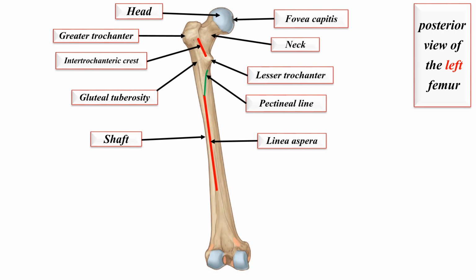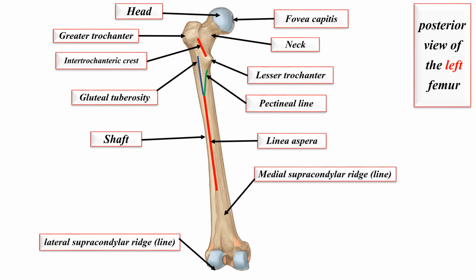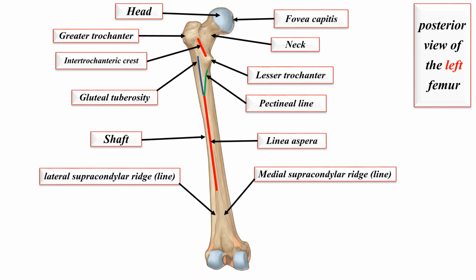The linea aspera diverges superiorly and medially to become continuous with the pectineal line, and diverges superiorly and laterally to become continuous with the gluteal tuberosity. Distally, this is the medial supracondylar ridge or medial supracondylar line, and laterally, this is the lateral supracondylar ridge or lateral supracondylar line.